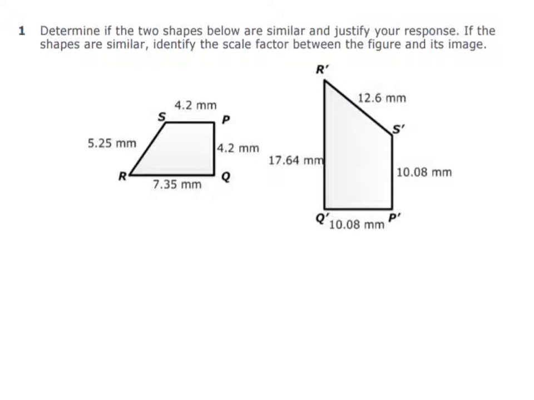So when we're dealing with similarity, let me get my little pointer, we have to look at size. We have to make sure that these sides match up with these particular sides. So the first thing I'm going to do is look at RSPQ, literally my ratios.